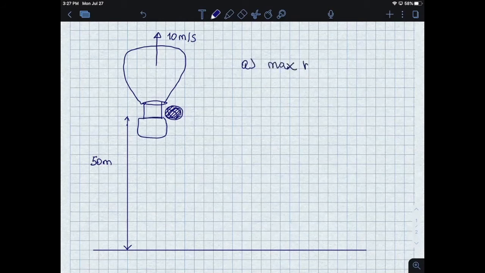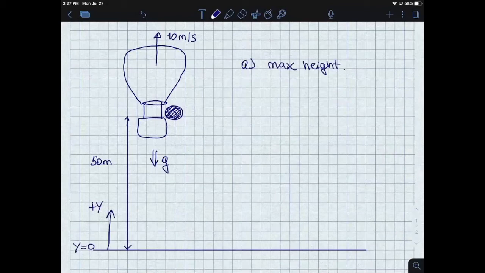Part A, max height. This is a good time to set the coordinate system. The coordinate system that is going to be chosen here is y equal to 0 is the ground, and upward is positive y. Gravity is pointing downward.